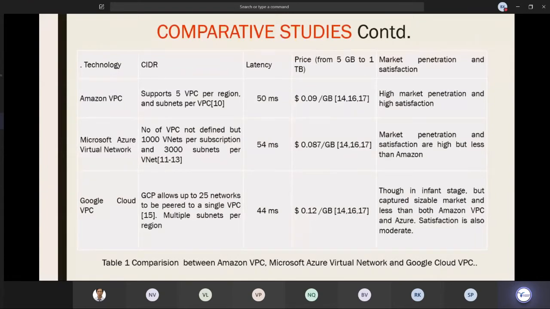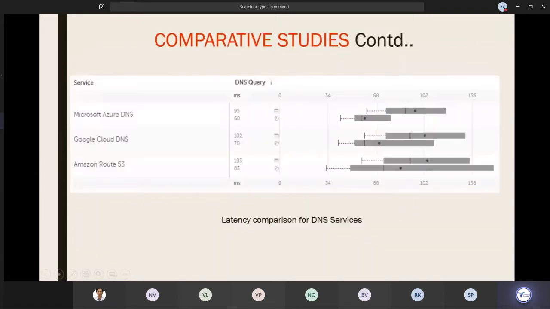So for latency, it has a 50 price market, highest market penetration, and high satisfaction for Amazon VPC. This comparison shows the latency for the DNS services of Microsoft Azure DNS, Google Cloud, and then Amazon.